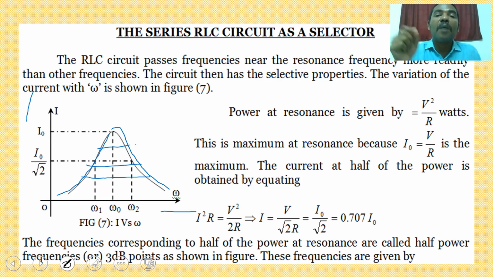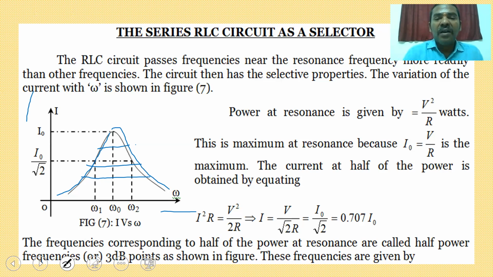Under that condition we are getting VTH square divided by 4 RTH. So that power is maximum, and we take 50% of it.